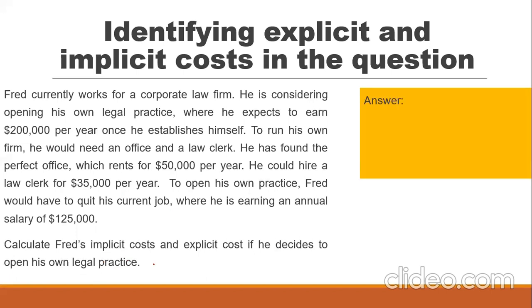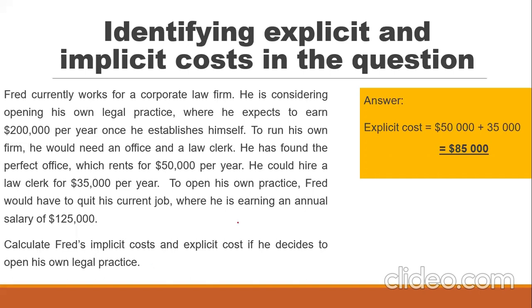Again, let's look at our explicit costs. Explicit costs are the actual costs that the business has to incur. The cost of rent, the cost of wages, the cost of equipment, the cost of raw materials and all that, those are explicit costs. Now we are going to identify Fred's actual cost from the scenario.